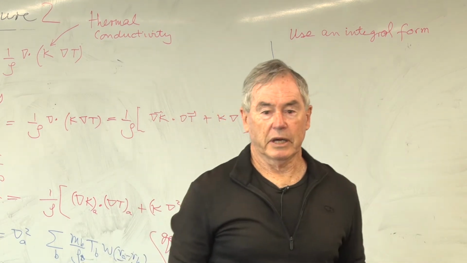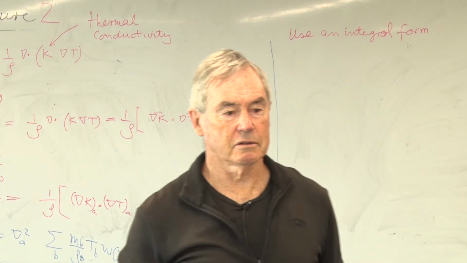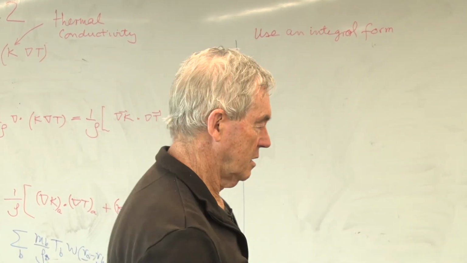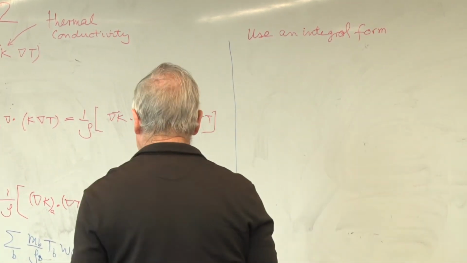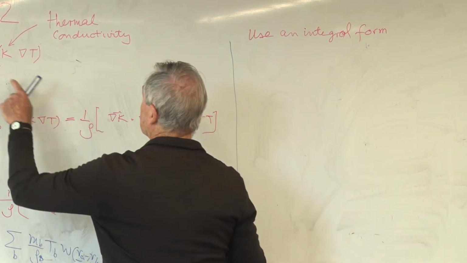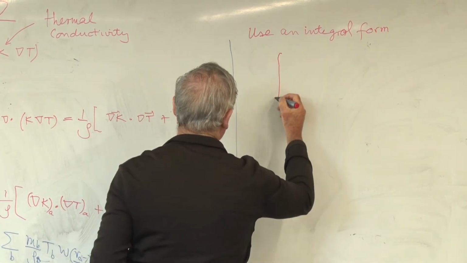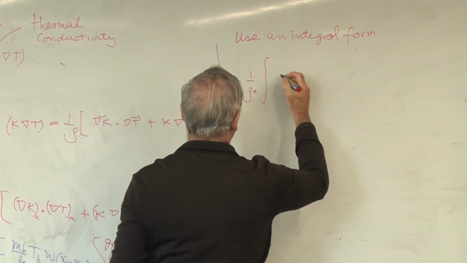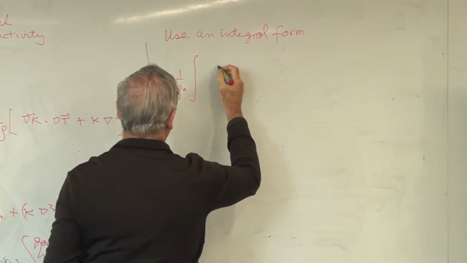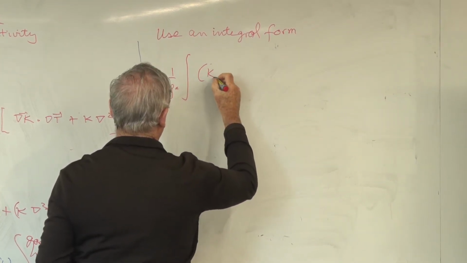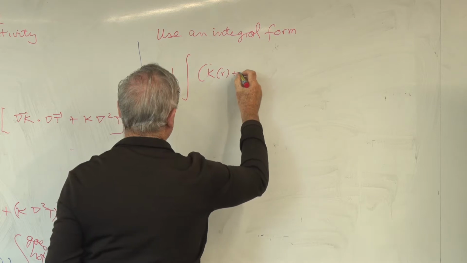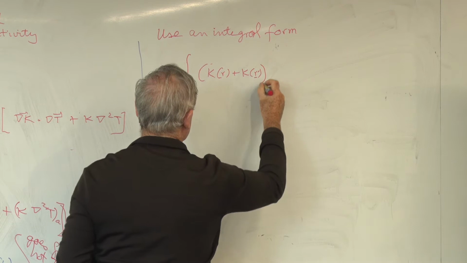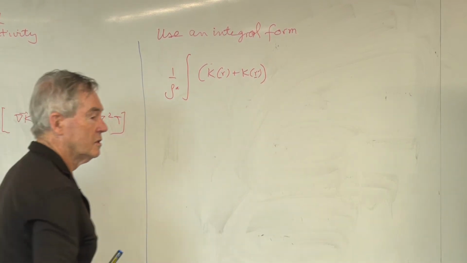I want to get a del squared, but instead I look at an integral and figure out that if you look at the structure of the integral, it will do good things for you. So instead of having that, I look at this integral over the space. Now let's see what I've got in here. I have a kappa at r plus a kappa at r dash. So there's a sum of those two.